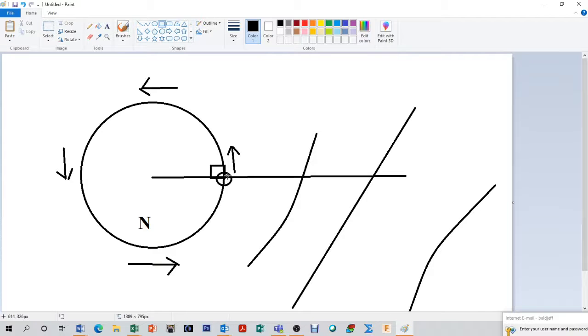Once I've done that, let's pretend it's fast by 25 arc seconds in 10 minutes. I could figure out how many arc seconds that would be in 23 hours, 56 minutes, and 4.1 seconds, which is a sidereal day. Divide that by 23 hours, 56 minutes, 4.1 seconds, and I'll get something like 1.000 number, which is the overcorrection speed. Or if it was slow, it would be an undercorrection speed, 0.99 something.